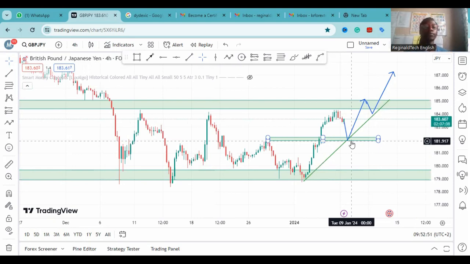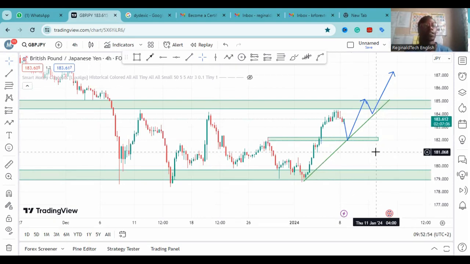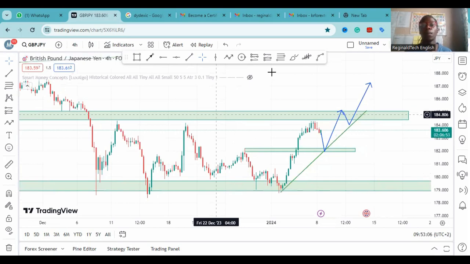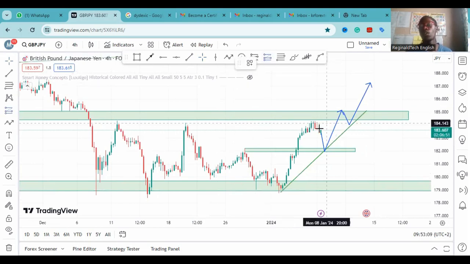Okay, so remember to use the risk reward ratio, where we are going to risk 1% of the initial balance and also reach 3% of our initial balance.